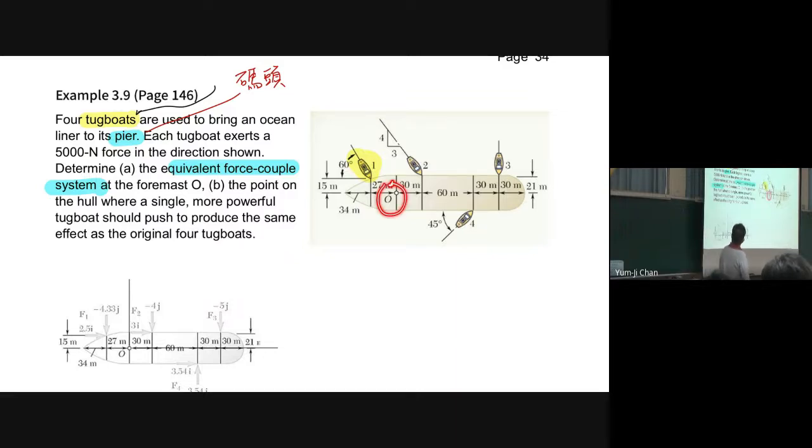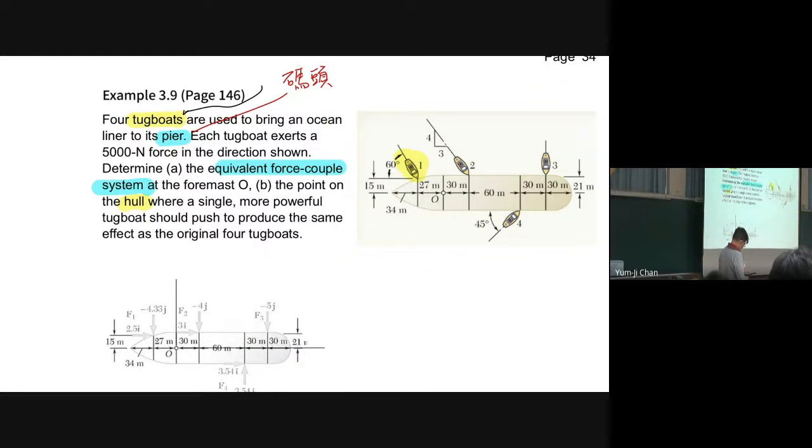And part B, the point on the hull where a single more powerful tug should push to produce the same effect as the original four tugs. So I think the English is now clear.